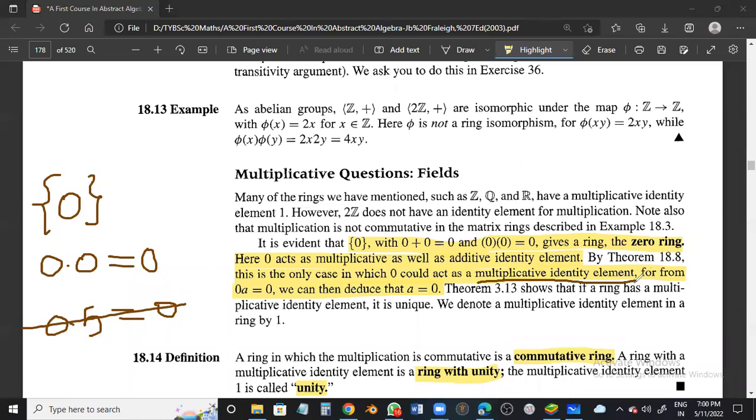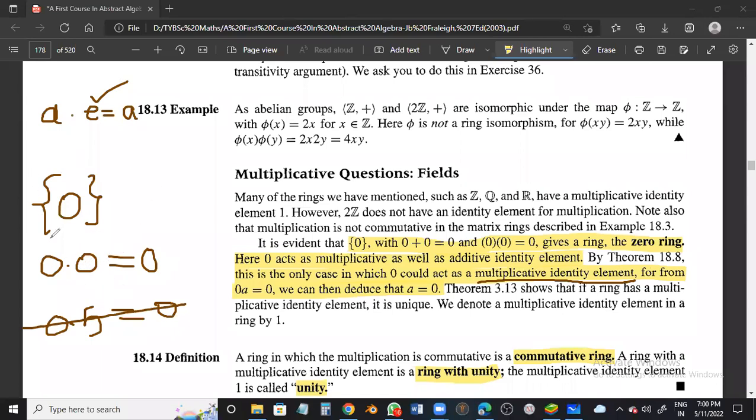Have you got the concept of multiplicative identity? What I mean by multiplicative identity: suppose I have number A with me, I multiply by my identity element E, and I'm getting back A, then this E is referred to as multiplicative identity. So in this case, you have 0 into 0 back a 0, means 0 will be multiplicative identity.